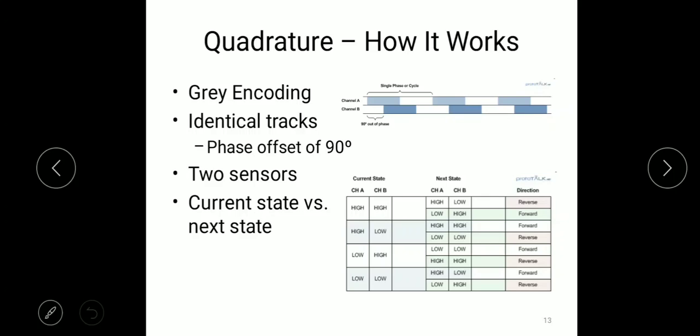We have a current state, channel A, channel B, as well as a next state, channel A, channel B. Based upon that, the direction is given. Based upon this table, the direction can be measured by using a quadrature code.